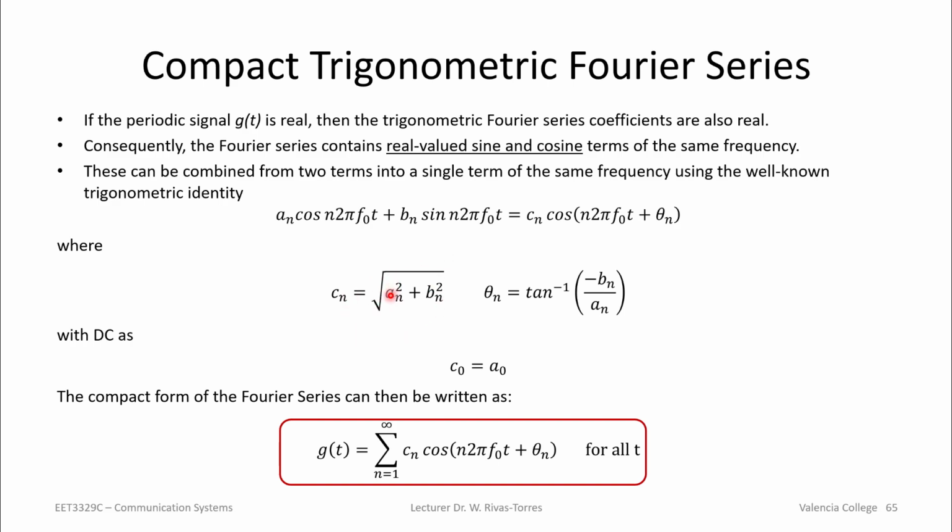It's the square root of a_n squared plus b_n squared, no surprise there. Plus the phase, which is arctan of minus b_n over a_n. Again, no surprise there, hopefully. With the DC term, C0 equals A0. So this is what the compact form looks like. It's a little bit easier, more pleasing to look at, if you will.